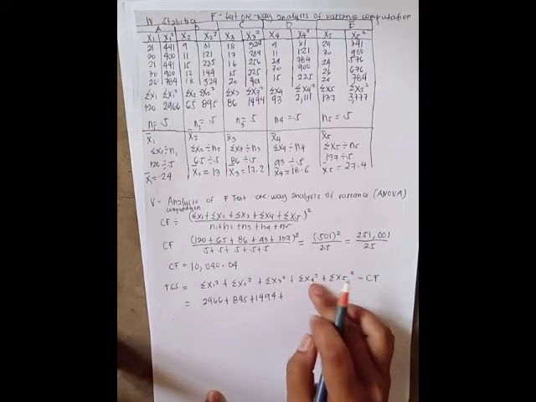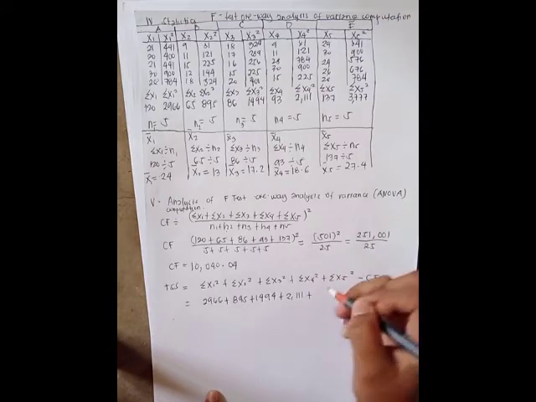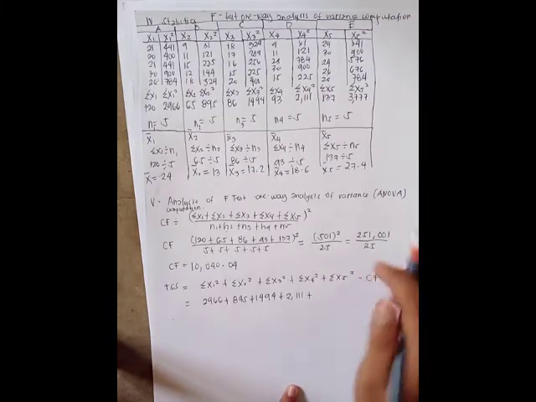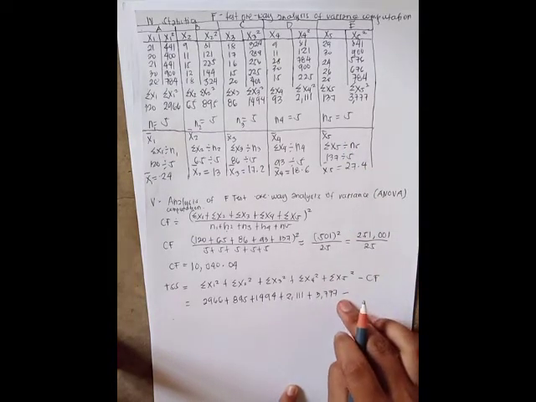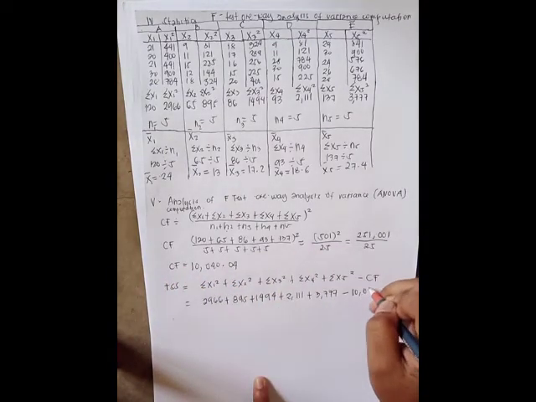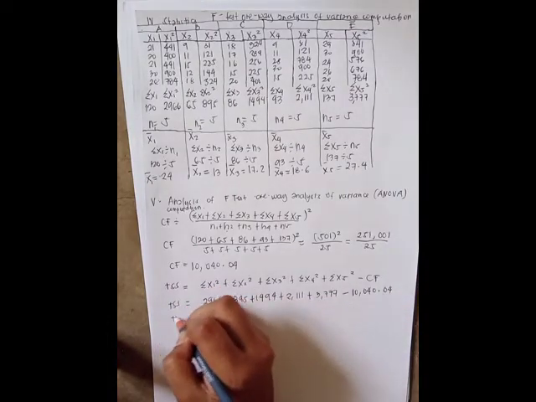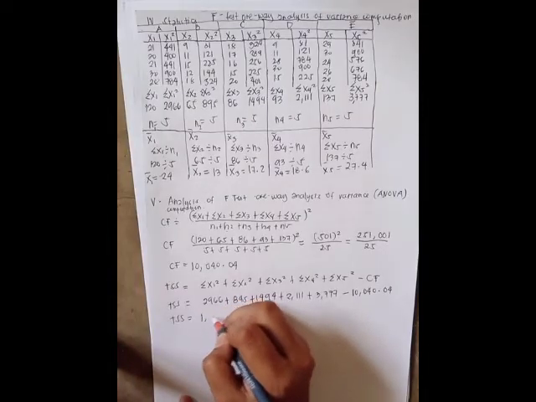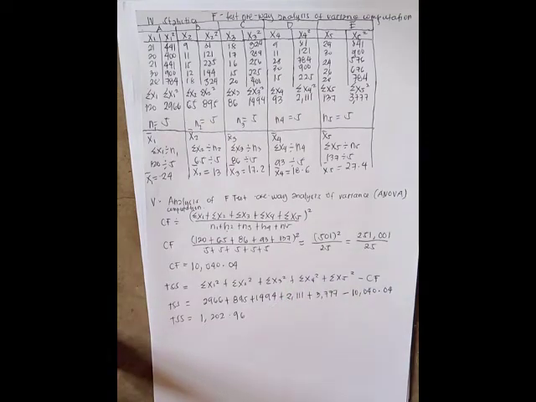Add it with sigma x4 squared, which is 2,111. And lastly, add it with our sigma x5 squared, 3,777, and subtract it with our CF, which is 10,040.04. So we can have our total sum of square of 1,202.96. So this is our total sum of square.